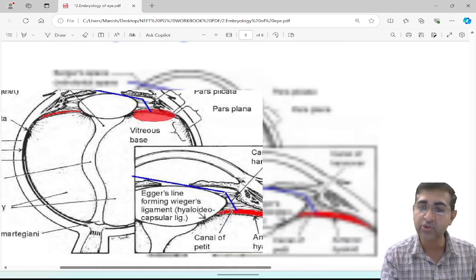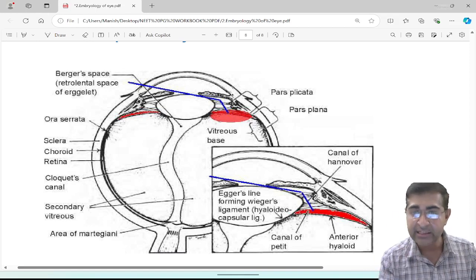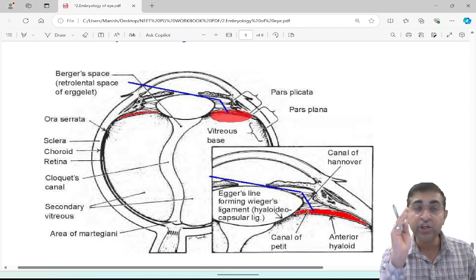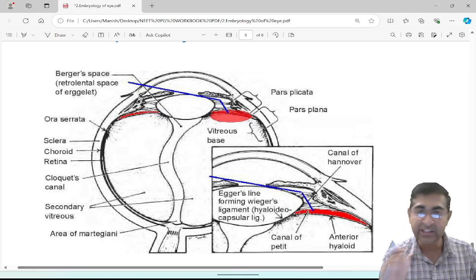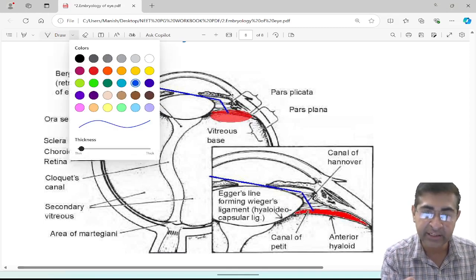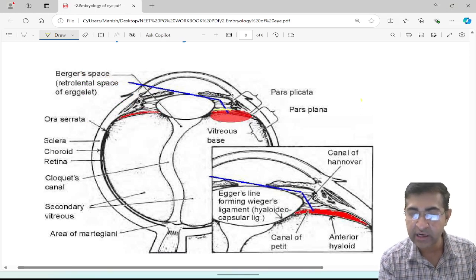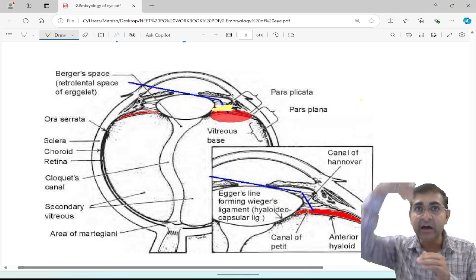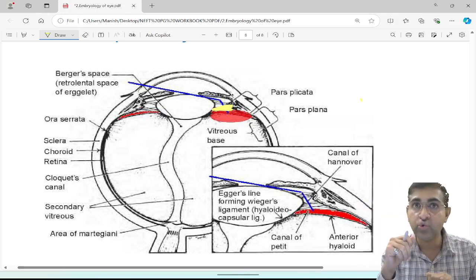There are spaces in the eye. One is the space between the equatorial zonules and posterior zonules. This space is known as canal of Hanover. Let me highlight it. So it is known as canal of Hanover.